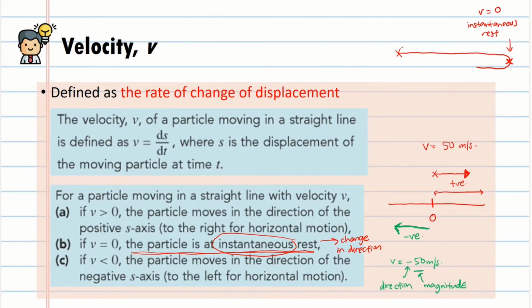So we notice that at this section, where it's traveling, your v is positive because it is moving in a positive direction towards the right, while at this part here, you will find that your v would be less than 0 because it is moving to the left. I hope that this gives you a better understanding about the concept of velocity.